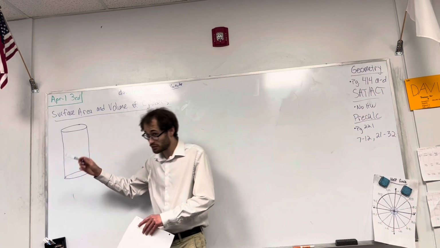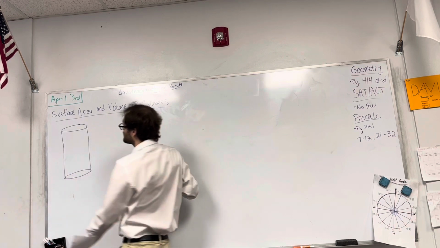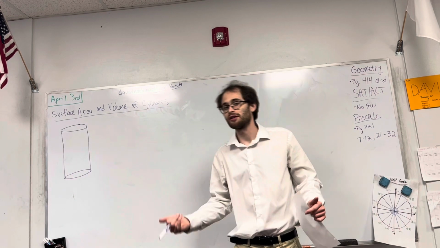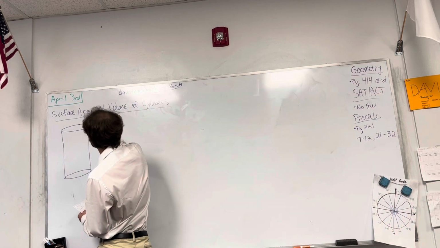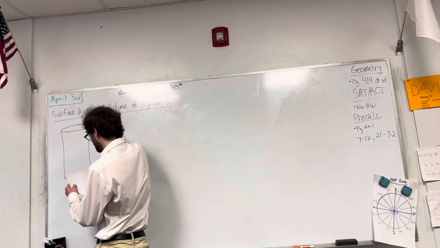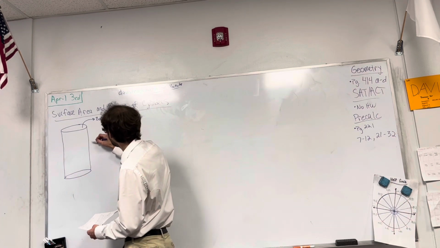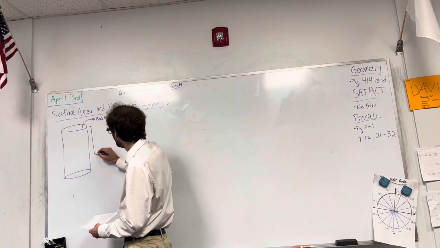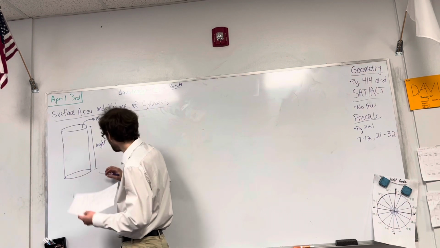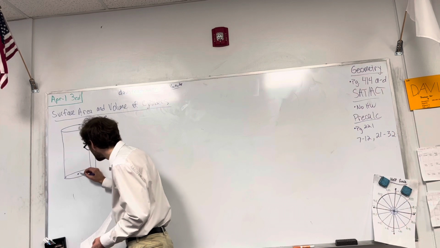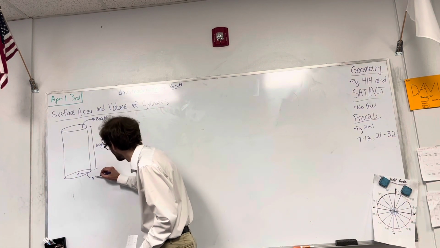Those two circles there, if you imagine them getting bigger and bigger forever, would never cross, which makes that my base. So I will label that in here. The circle itself is the base. The vertical segment here is the height. And if I put the center of the circle here and draw a line there, that is my radius.